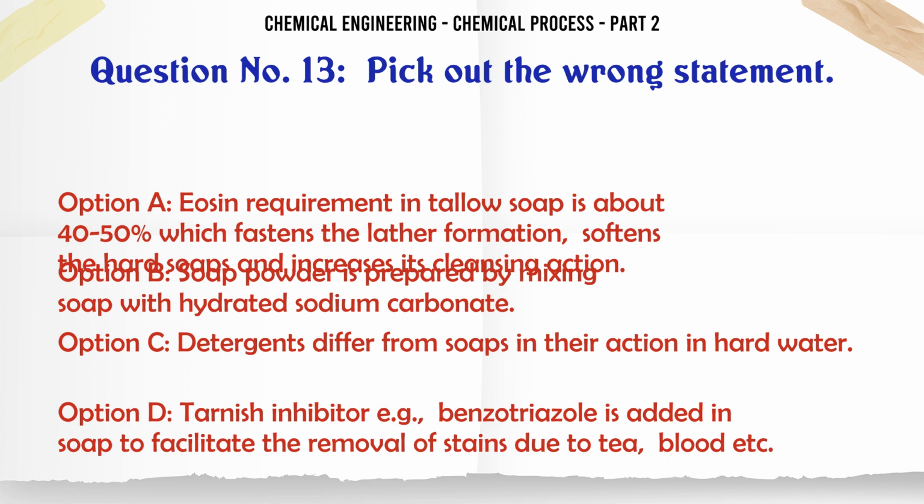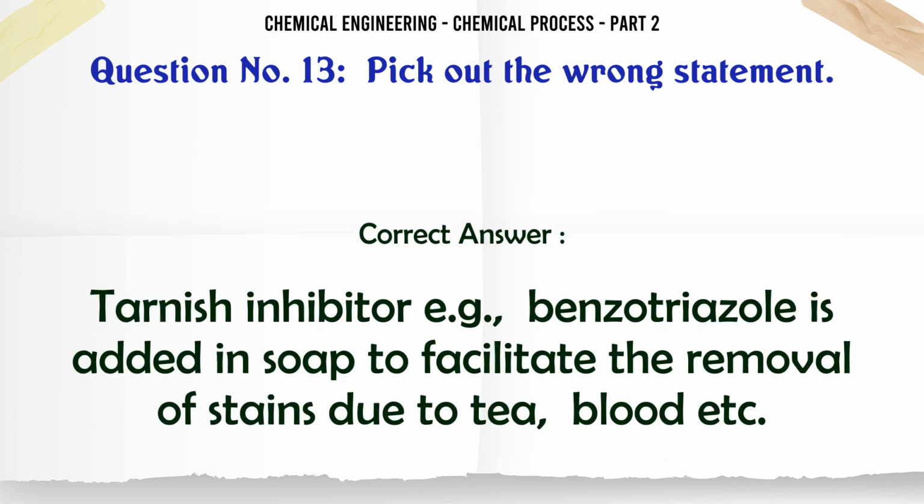D. Tarnish inhibitor e.g. benzotriazole is added in soap to facilitate the removal of stains due to tea, blood, etc. The correct answer is tarnish inhibitor e.g. benzotriazole is added in soap to facilitate the removal of stains due to tea, blood, etc.